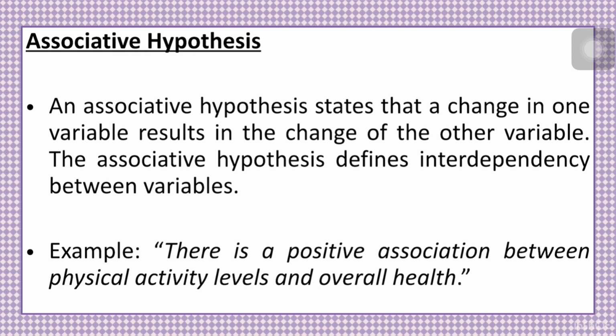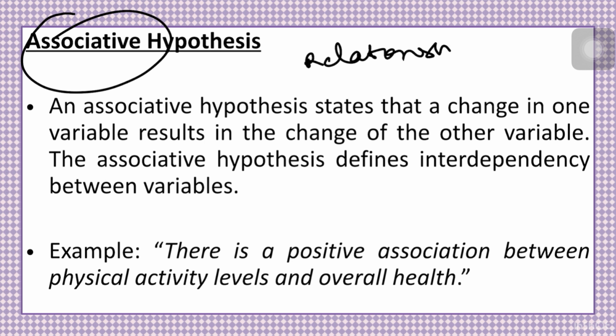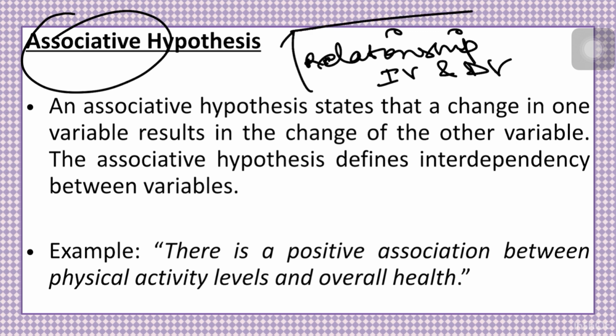The next type of hypothesis is the associative hypothesis. We try to explore the relationship between our independent and dependent variable. So when do we explore the relationship? We use a statistical tool like correlation.